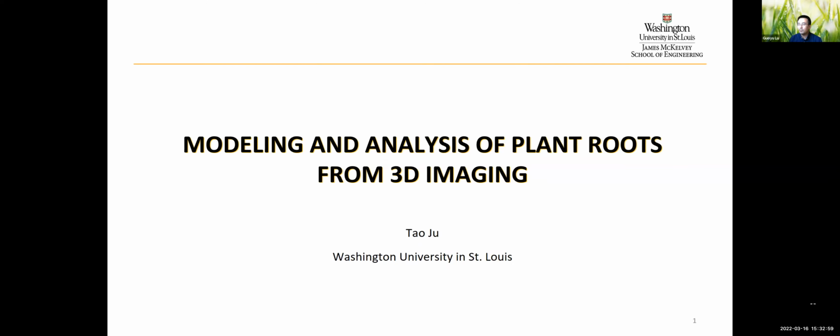He obtained two bachelor degrees, in science and art, from Tsinghua University in 2000, which is the best university in China, and his MS and PhD degrees in computer science from Rice University in 2005. His main research is in computer graphics, with interactions with biomedical applications and agricultural applications, and he's particularly interested in geometric modeling and shape analysis.